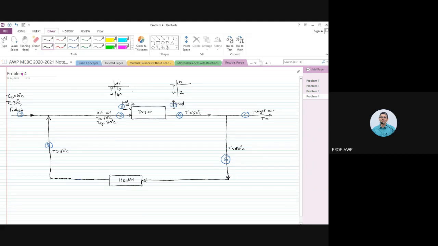This is at a temperature of 55 degrees centigrade and percent RH equal to 90. Okay. Assume that total pressure is 760 mm Hg throughout. Throughout means all streams.